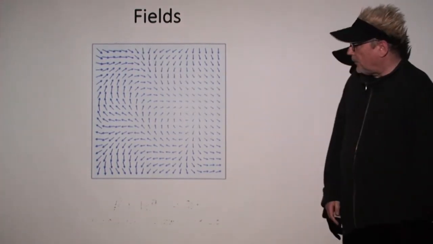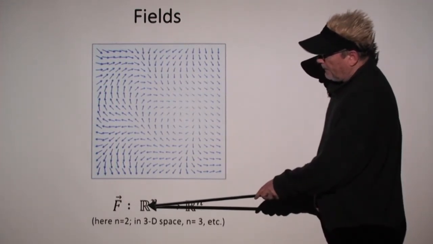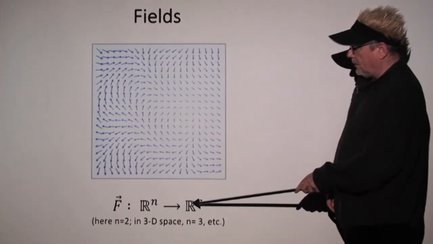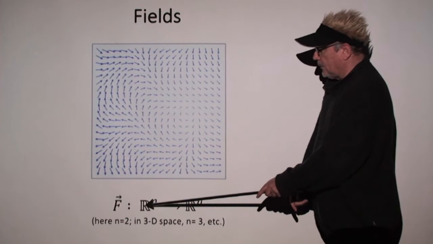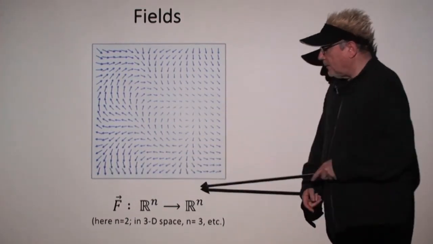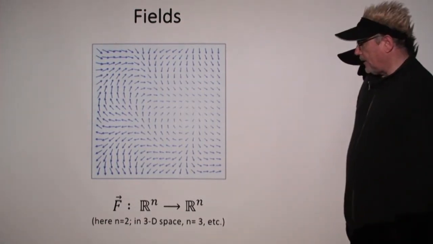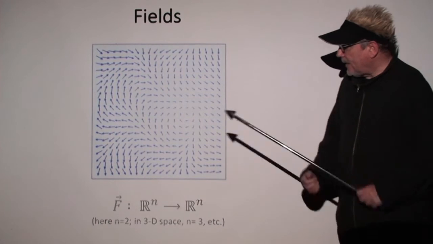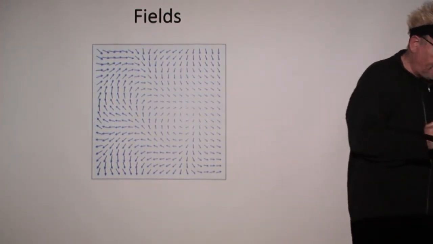So in that example, the field is a function from R2 to R2. In other words, for every point in R2, which has two dimensions because you have height and width, you will get a vector which also has two dimensions. Now let's see how we can use that and a scalar product to have some fun here.